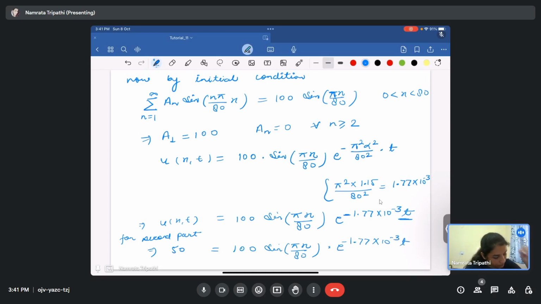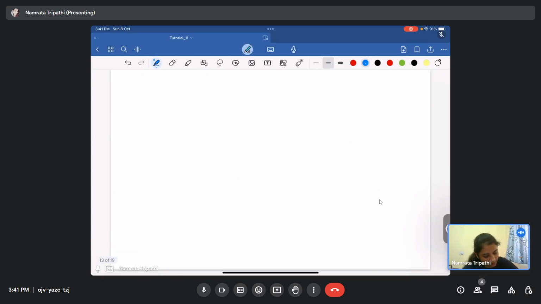So can we write the approximate value of sine πx upon 80? If sine πx upon 80 is approximately equal to 1, then 50 equals 100 into 1 into e to the power minus 1.77 into t.